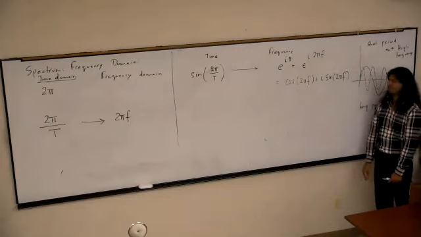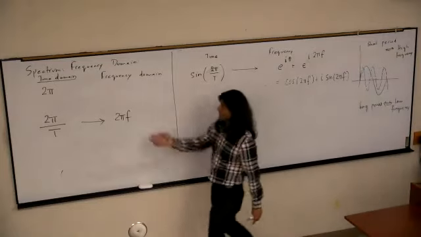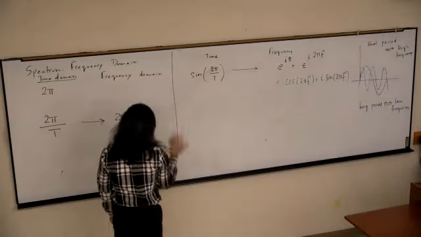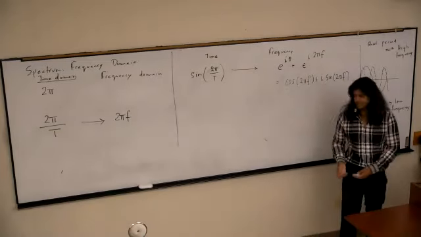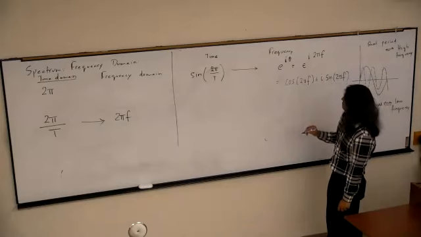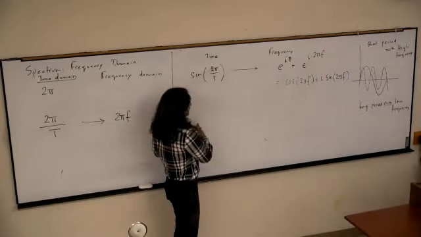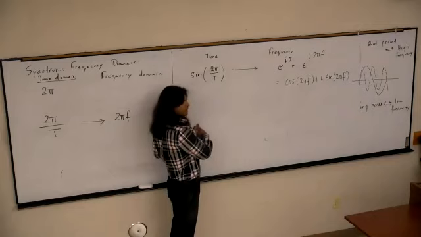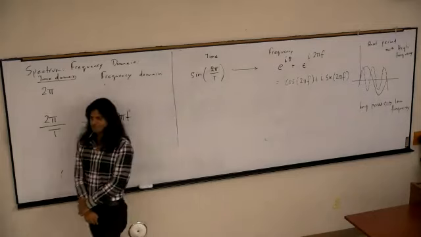Good. How does this all work? Or how does it relate to spectrum? Time series spectrum is simply frequency spectrum. What is the most important function when it comes to time series?